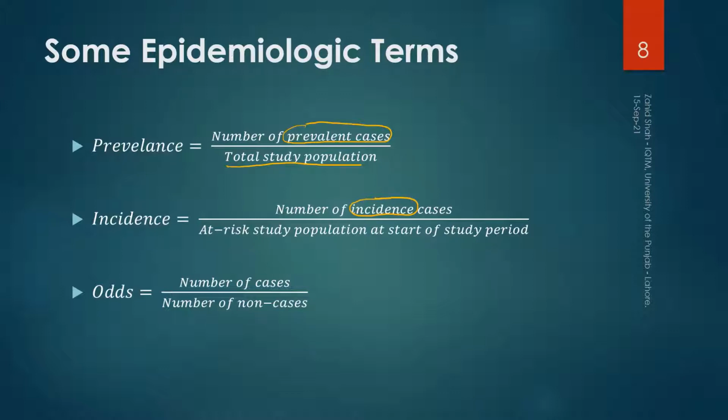And denominator here is at-risk study population at start of study period. So both are very useful in human factors. Odds is the number of cases divided by number of non-cases. So these ratios are used in human factors and in, of course, epidemiology in general as well.